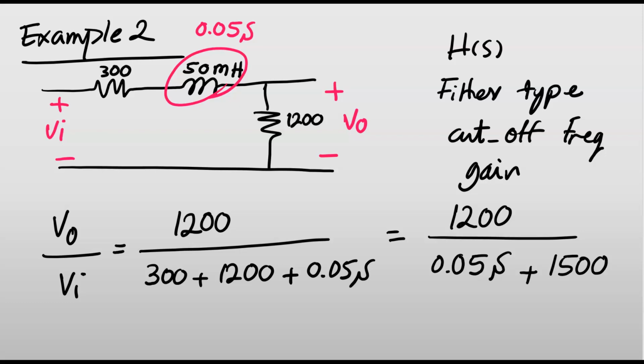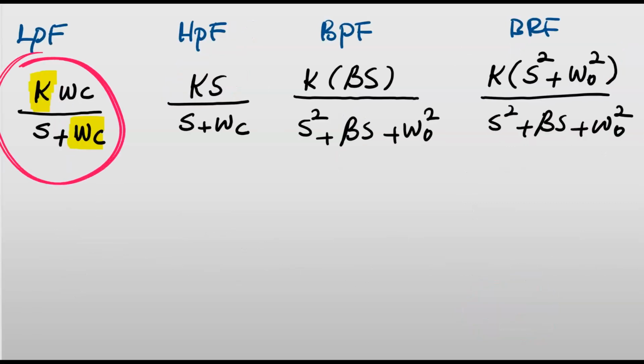Okay, so I have the transfer function, and obviously this transfer function is a low-pass filter because in the denominator I have a first order polynomial and in numerator I have a constant. Because of that, I can conclude here that I'm looking at a low-pass filter. But in order to find the cutoff frequency, I have to make it look like the standard form of a low-pass filter.